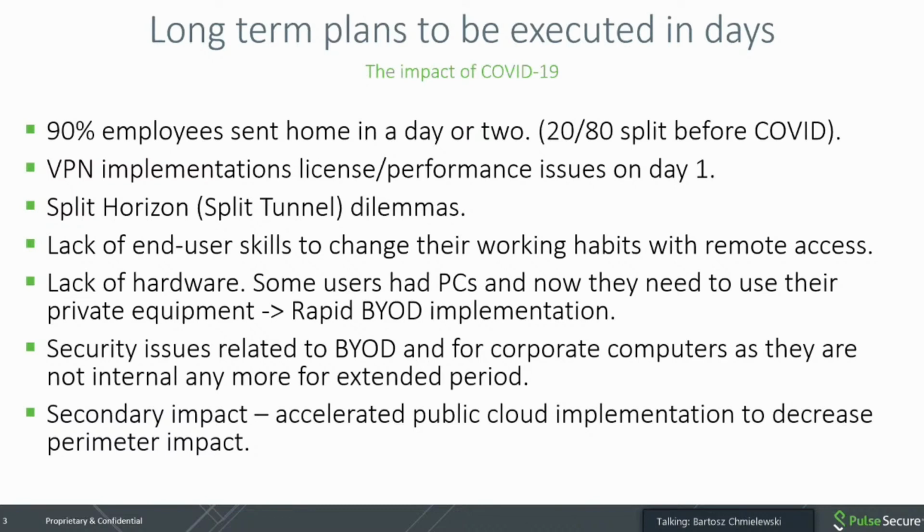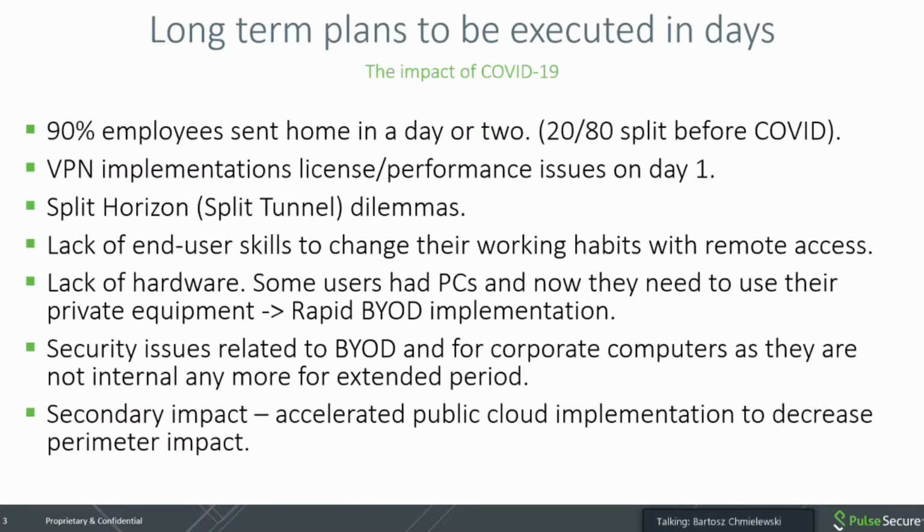So we are noticing that there is an accelerated interest in the public cloud services, or the customers are accelerating their moving their workloads to the public clouds right now. Why? Because they don't want to rely on the classic perimeter model.